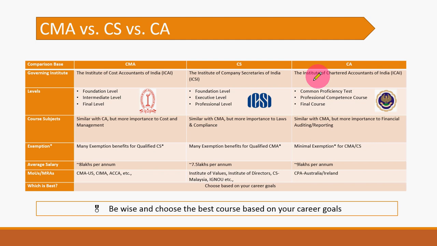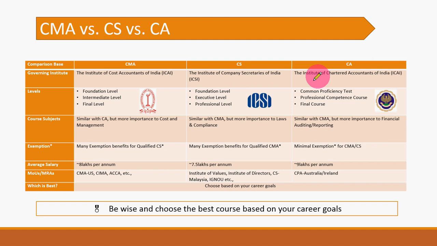As already mentioned, the ICMAI has a lot of MOUs or MRAs, that is mutual recognition agreements, with CMA US, CMA UK, ACCA, etc. They also have an MOU with IGNOU, where indirectly you can enroll for the MCOM examination, a specialized examination specifically designed for CMAs.